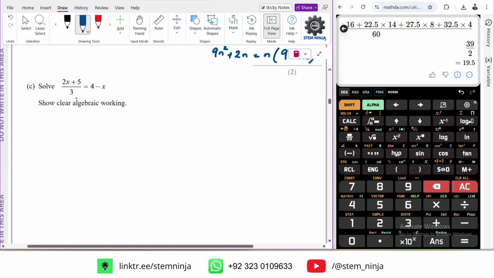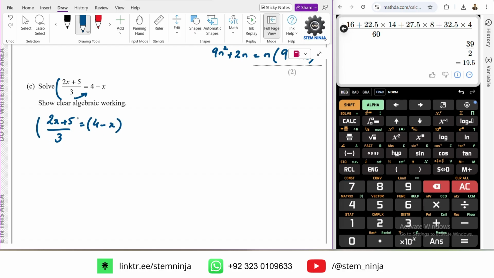Solve (2x plus 5) over 3 equals 4 minus x. This is easy. The first step is to multiply both sides by 3. This way the denominator simply cancels.